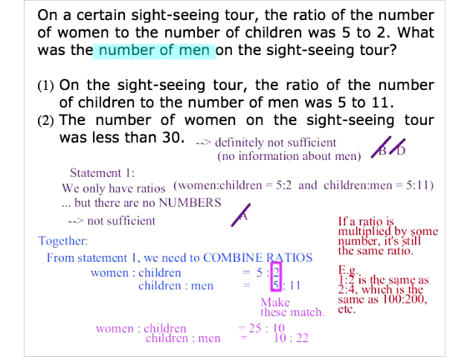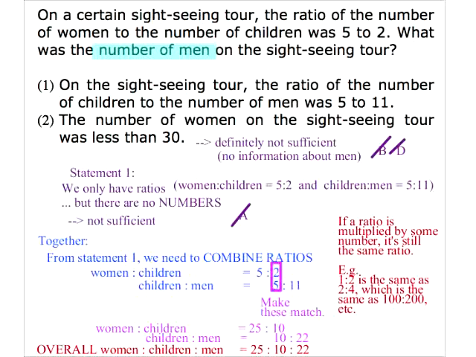Now this matches, and so your overall ratio, women to children to men, is 25 to 10 to 22. This is how you combine ratios.